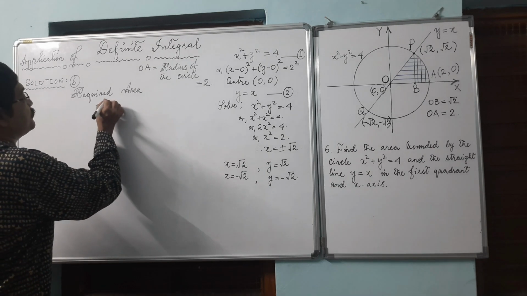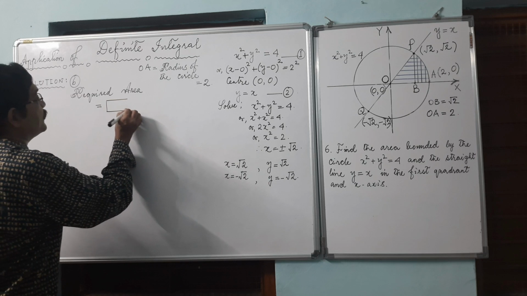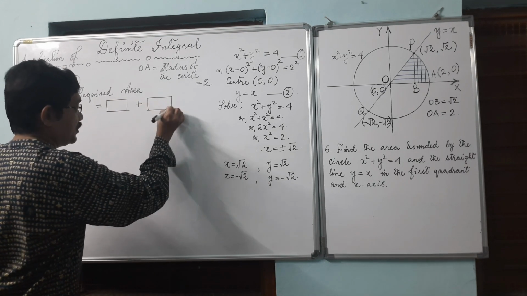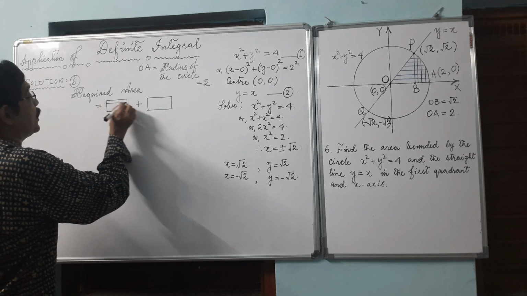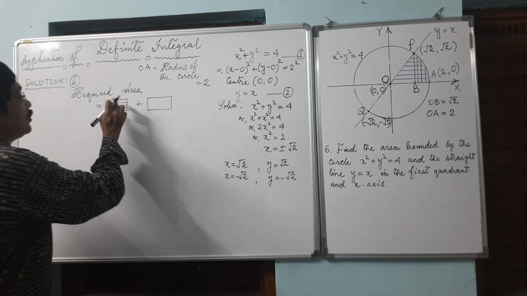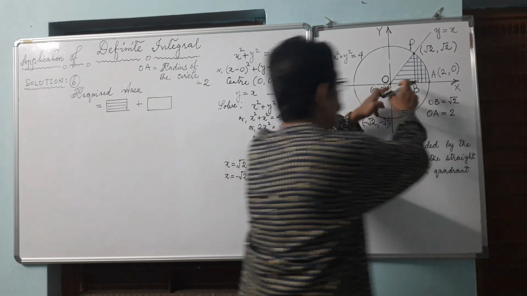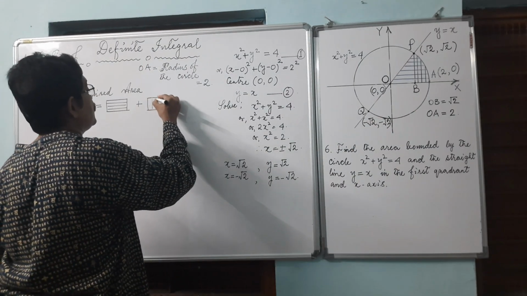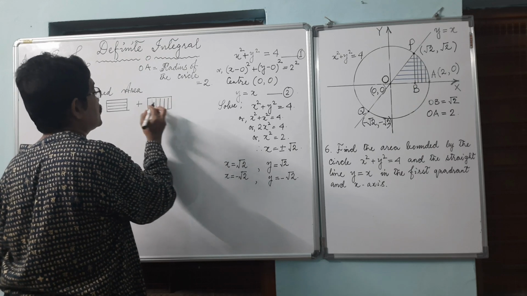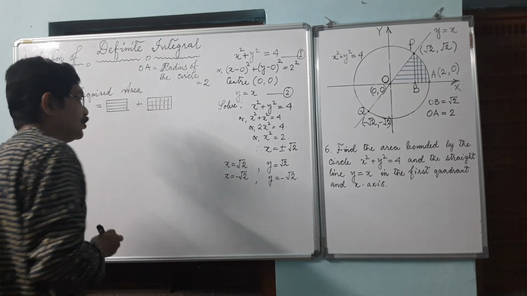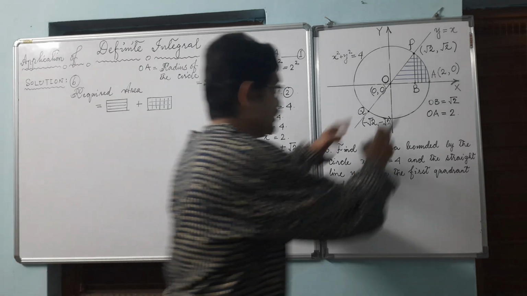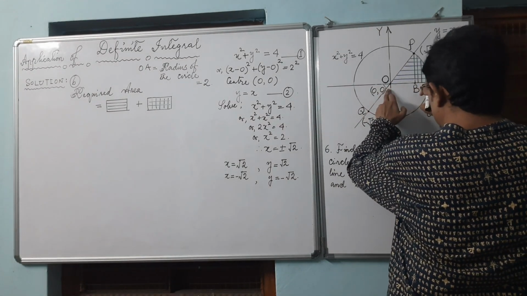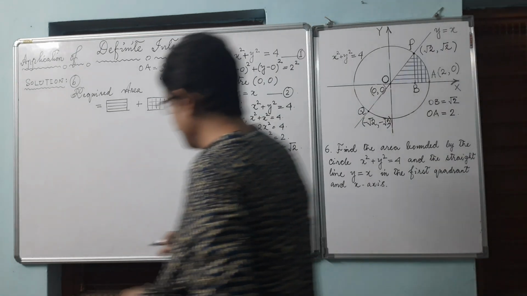Inside the box we can represent it in this way, in order to understand the parts. First, the area OBP, and the other is the curvilinear area. These are the two parts. So first from O to B and the other from B to A.